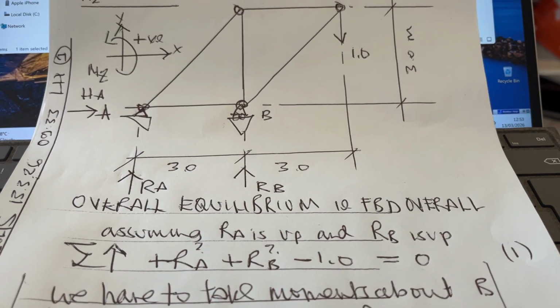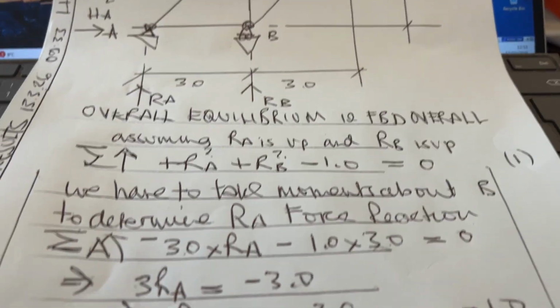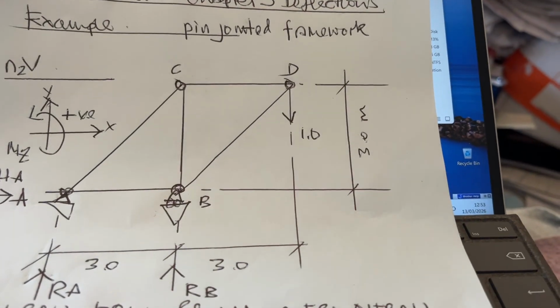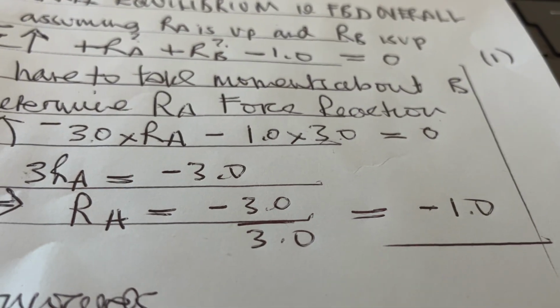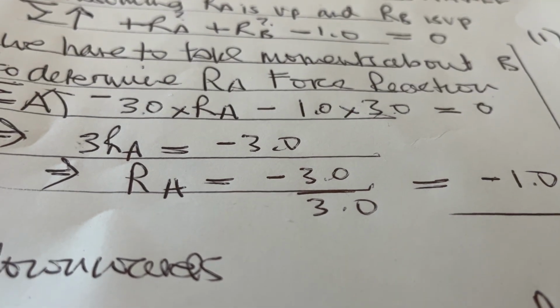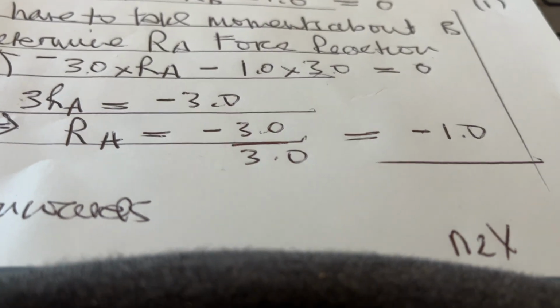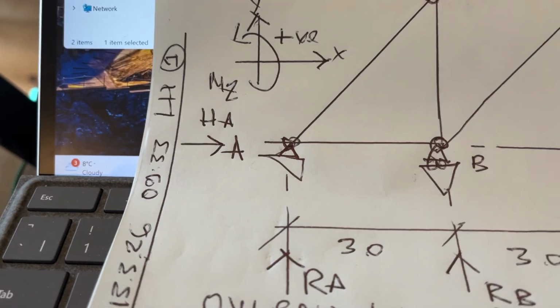Minus 3 times RA minus 1 times 3, that's anti-clockwise, equals 0. So 3 RA equals minus 3, RA equals minus 3 divided by 3 equals minus 1. So RA is holding it down. RA is downwards.